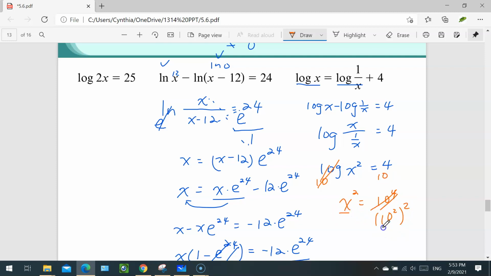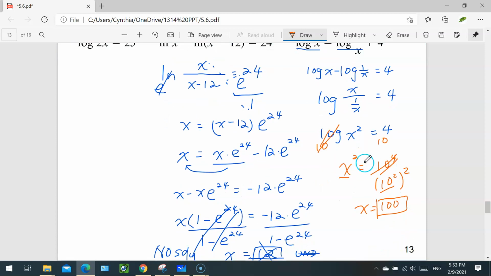So that indicates your x is equal to 100, 10 to the power 2. When I plug 100 back in here, this is good. 1 over 100, it's good. It's a positive number. So we can take the solution x equals 100. I hope that makes sense to you.